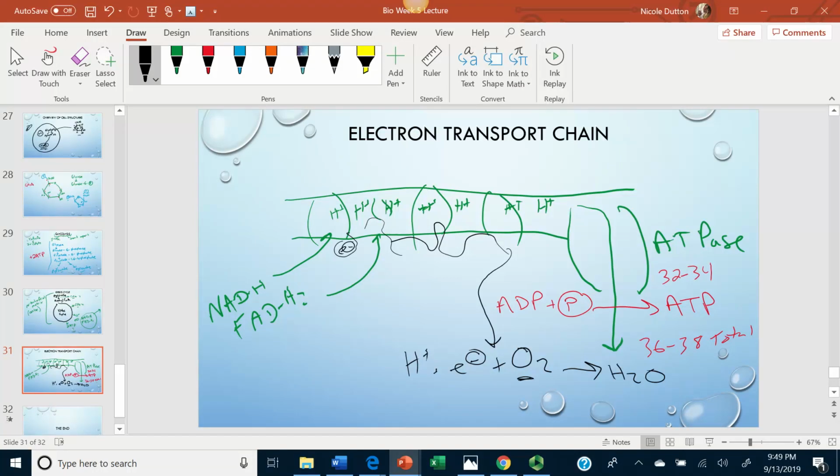Oxygen is now known as the terminal electron acceptor, because in the end, it accepted these electrons. It neutralized this environment so that this cycle can keep going forward.